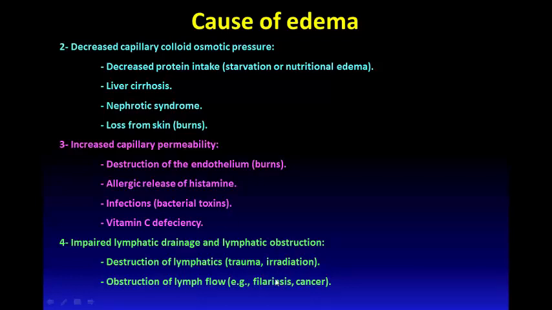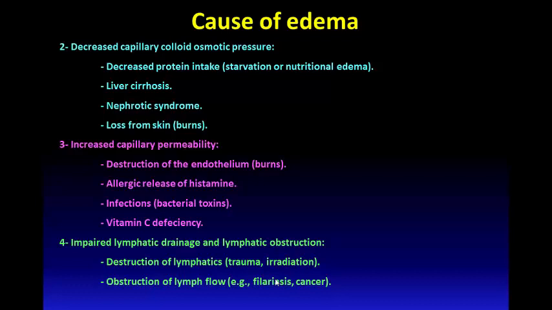Filariasis is a disease which is caused by mosquitoes injecting worms known as the filarial worms into the body, and these worms would block the lymphatics.